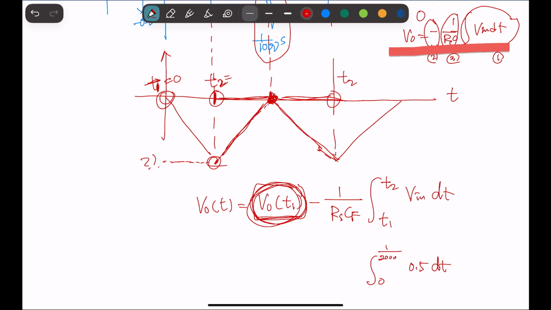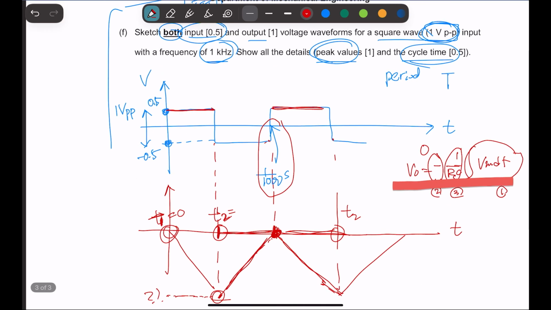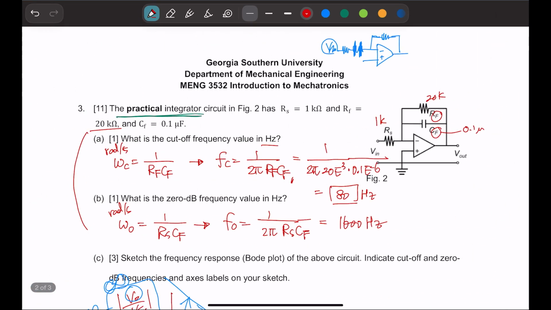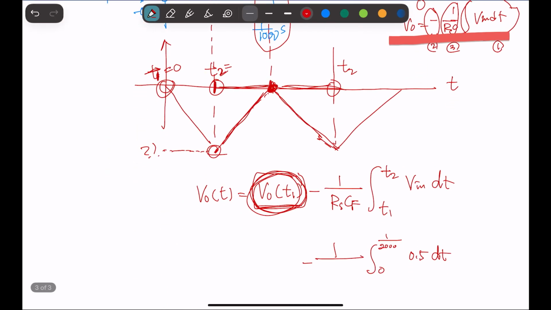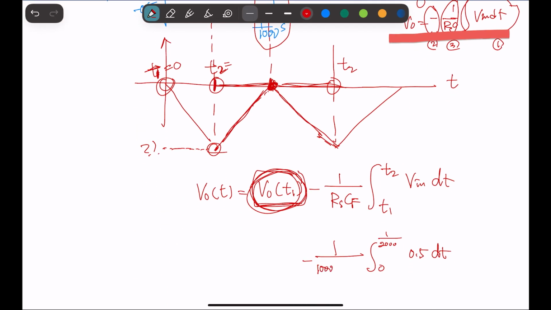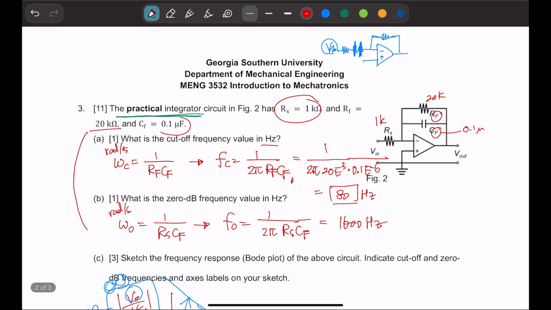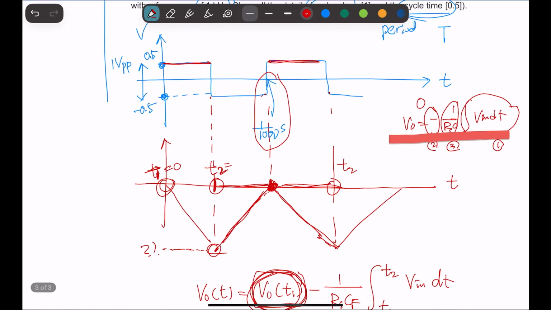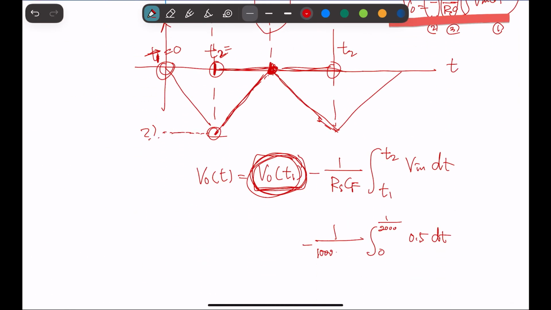right? And it has to be minus. Rs is 1K, and CF is 0.1 micro. So it's going to be 0.1 micro is 10 to the negative 6.